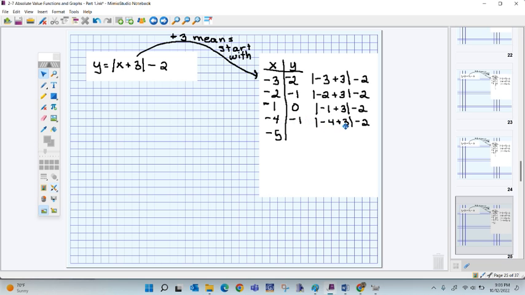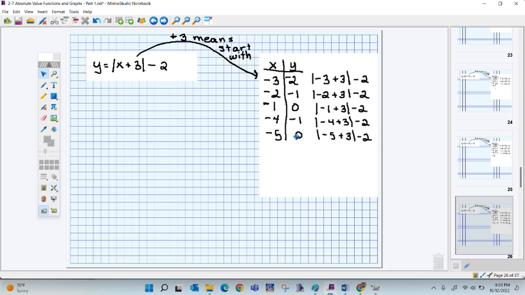Notice our pattern is repeating. When I plug in a negative 5, negative 5 plus 3 is negative 2, absolute value 2. That gives me 2 minus 2, which is 0.